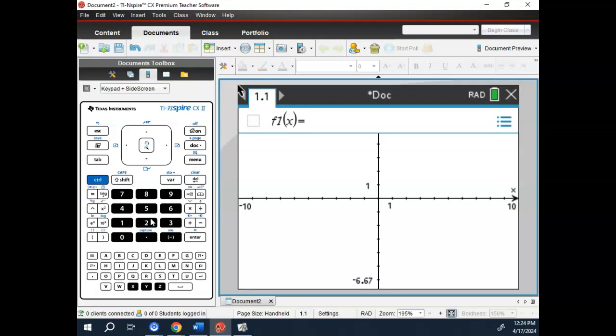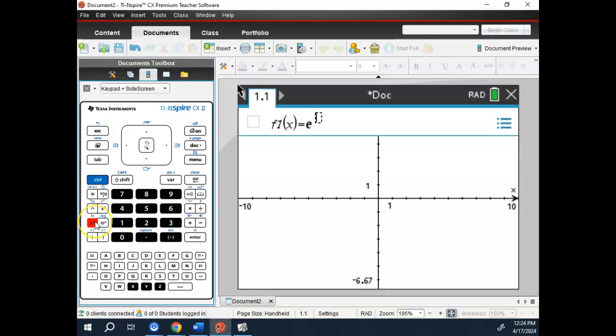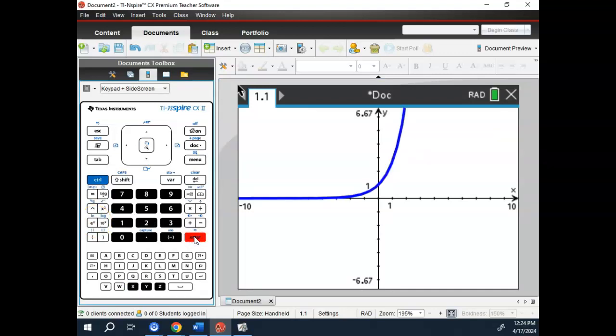So that means I need to put those original functions in there, that e to the x, and then tab, x plus 2.